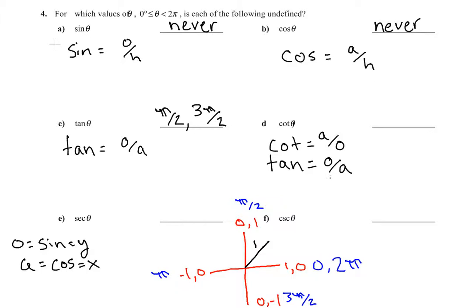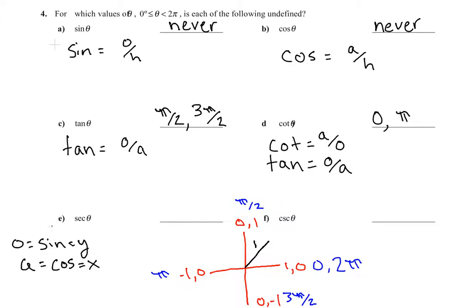Now we're looking for where the opposite, or the sine, or the y, is 0. Looking at our unit circle, our y value is 0 at 0 and pi. So that is where it will be undefined, at 0 and at pi, because there we would have 1 over 0 and negative 1 over 0, both of which are undefined.